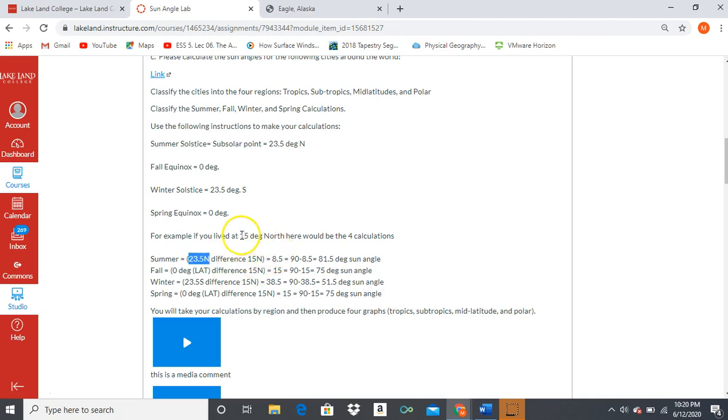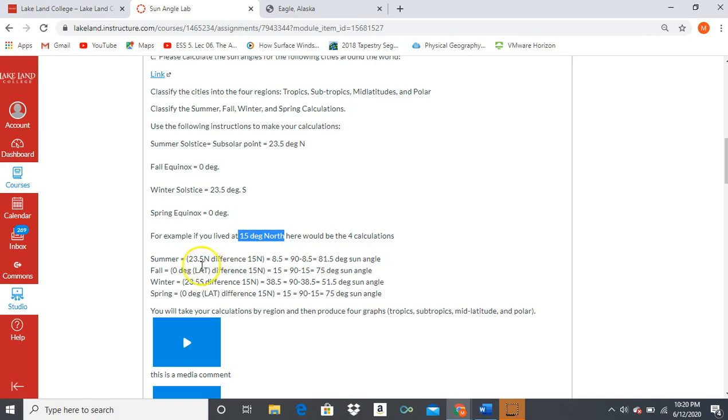For example, I show you in this example a fictitious location at 15 degrees north. I walk you through how to calculate the difference between where the sun's rays are and where the city is at. You take that total angular difference, and then you subtract it from 90.